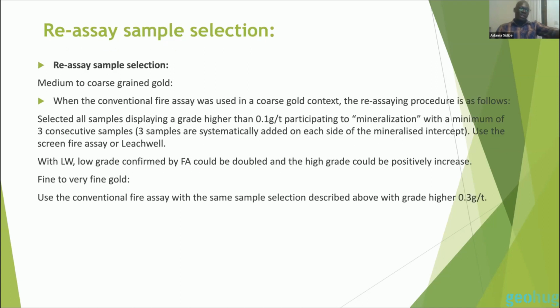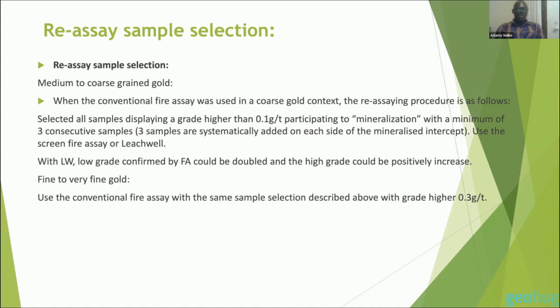The key word here is the gold particle. If the gold is free with visible gold, like in West Africa, like the Agbau deposit in Cote d'Ivoire, in Mali, the Kalana deposit, where the gold is free, and the Tabakoto deposit in Mali.